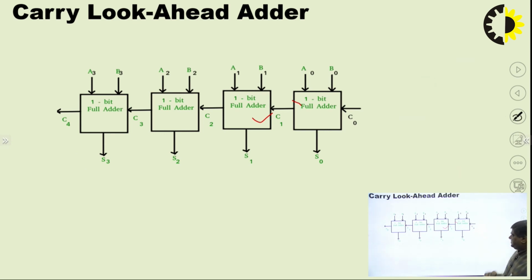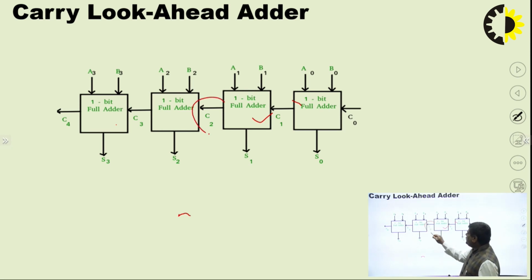Now here, if I calculate the C3 carry in advance, and we implement the circuit diagram of the C3 carry here, then this full adder has no propagation delay. This is the main concept to design the carry look ahead adder.